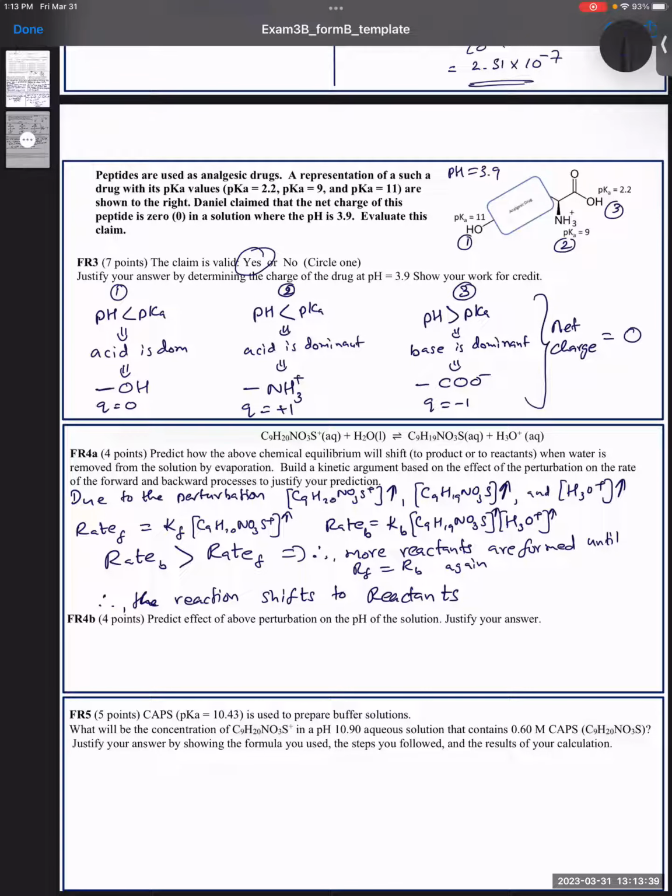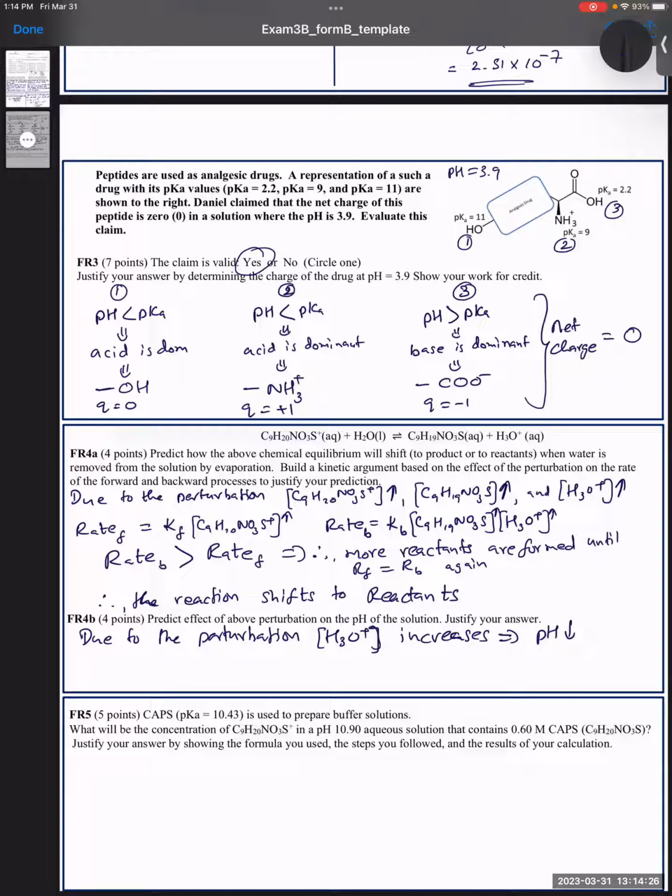Okay, now moving on to question 4b, predict the effect of the above perturbation on the pH of the solution. Now we see that due to the perturbation, the H3O plus concentration increases, which means the pH must decrease.